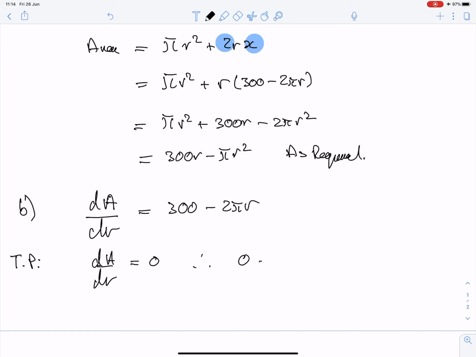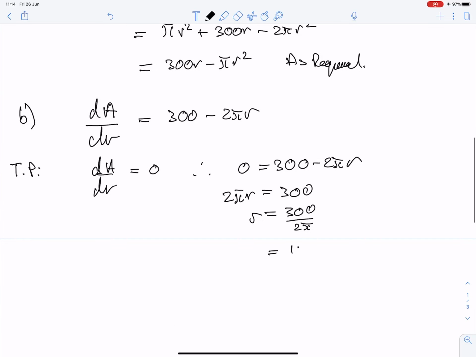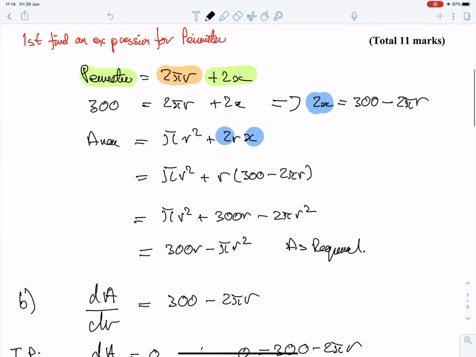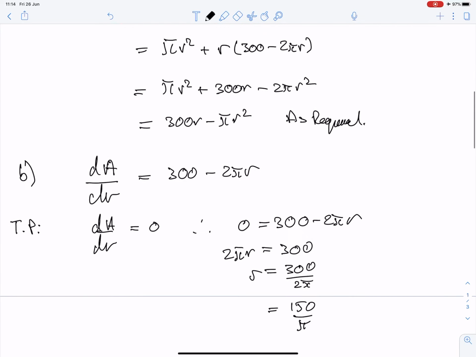Therefore, 0 equals 300 minus 2 pi r. So 2 pi r equals 300, r equals 300 over 2 pi, which is 150 over pi. Tidy it up. Check what we were asked for: find in terms of pi the maximum value of the internal area.